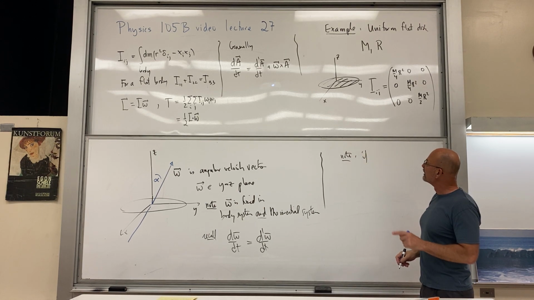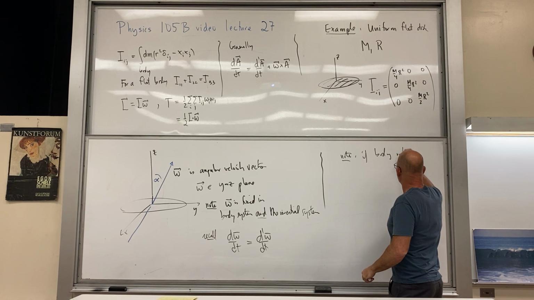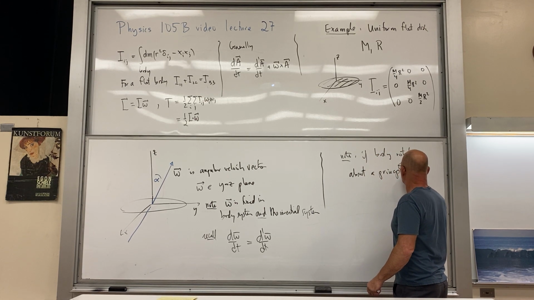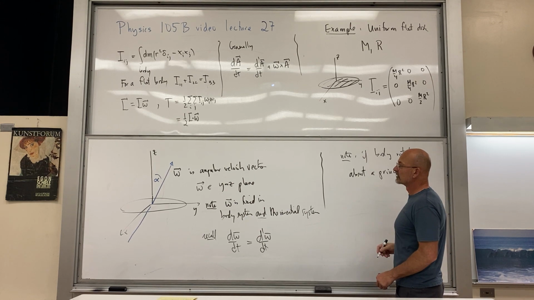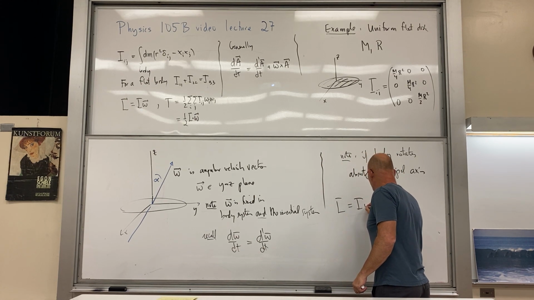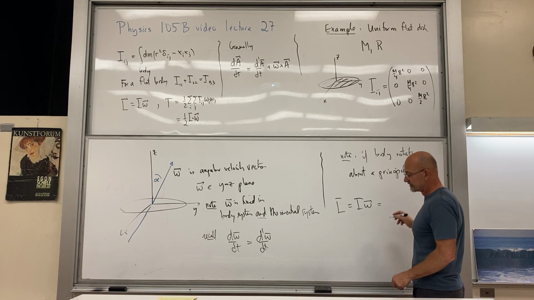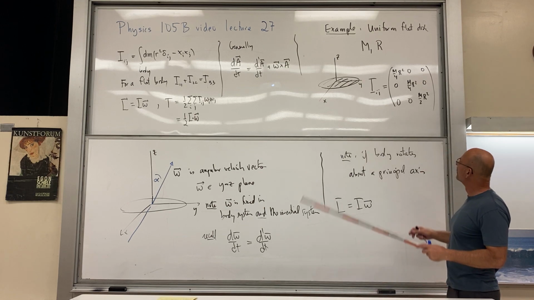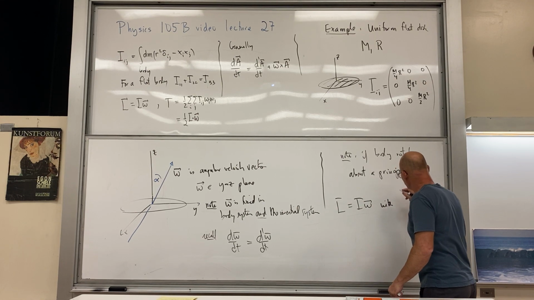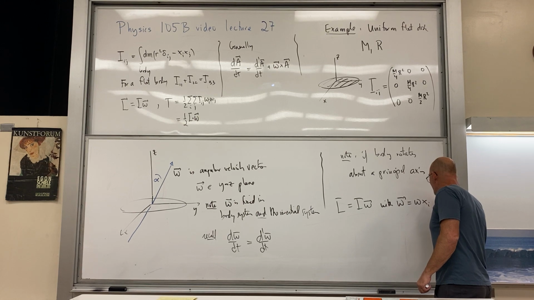If the body rotates about a principal axis, then L, which is equal to I omega, with omega equals omega times x i hat.